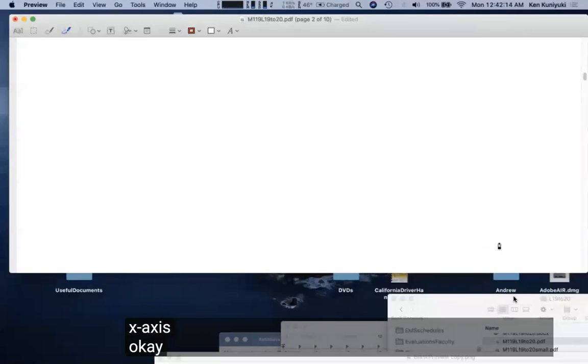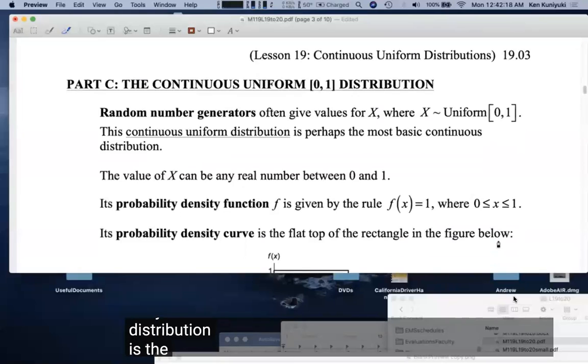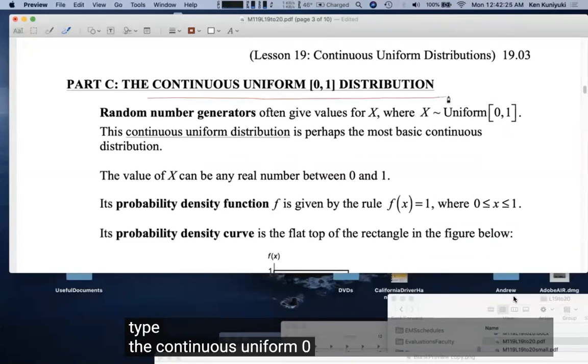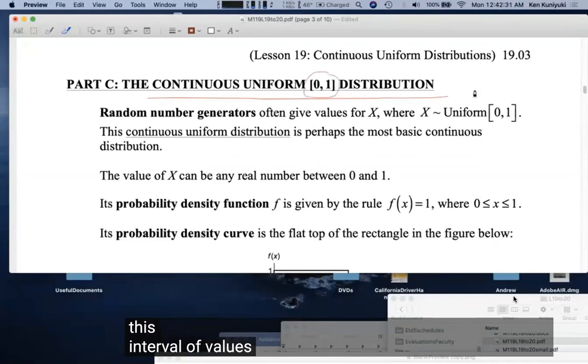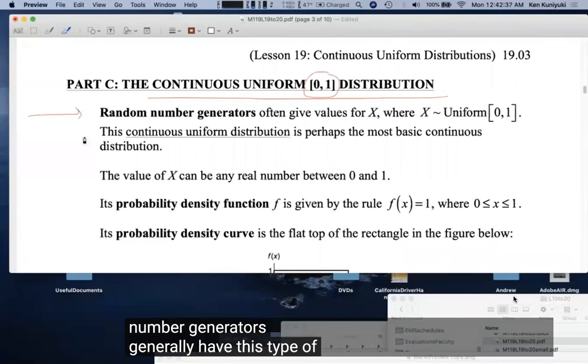Our most basic continuous distribution is the continuous uniform 0-1 distribution. The continuous uniform distribution on this interval of values. And in fact, random number generators generally have this type of distribution.